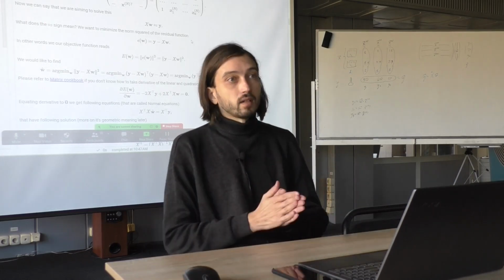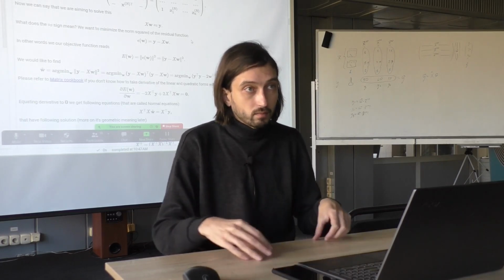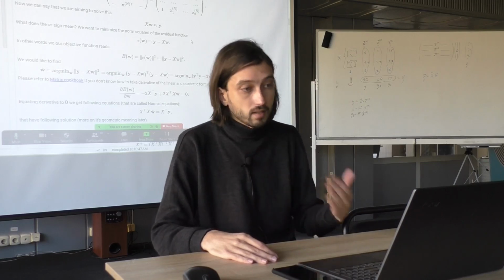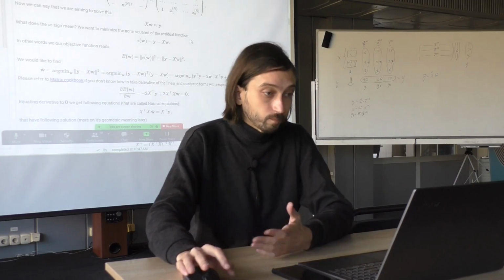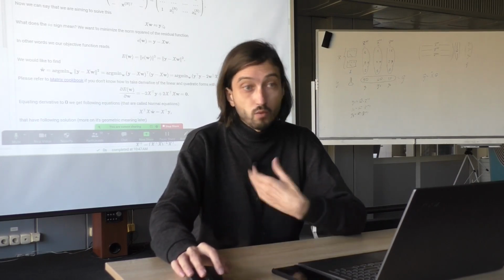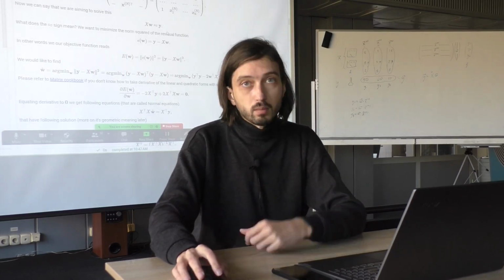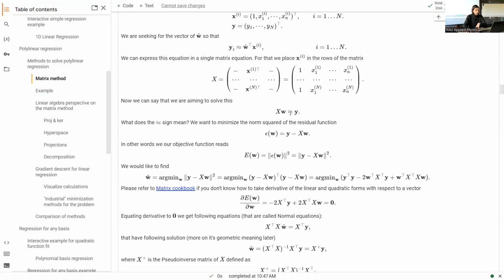Because we are trying not just to draw some line, we want to make some sense out of our data. So we have some data, we see some trends in our data, and we want to fit our line to that data. So we actually want to have more and more samples, because the more data we have, the more probable we get some meaningful result. So what do we do here?